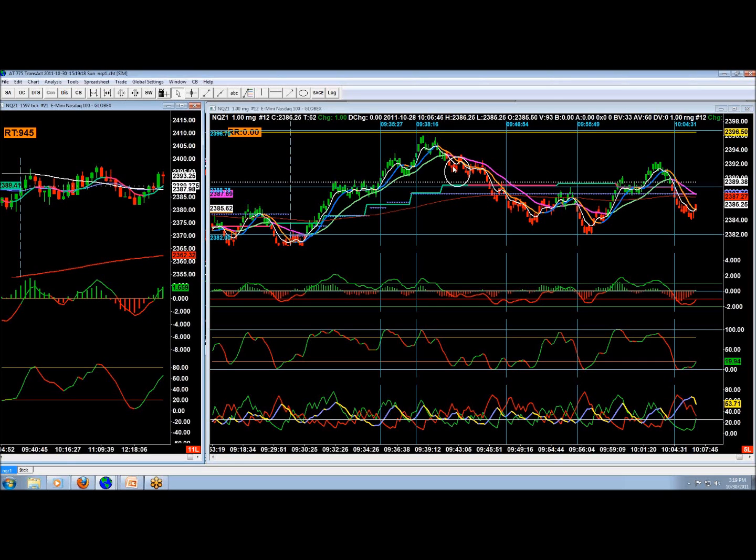Now reversal trades are done after a large move in one direction or the other, and after price has moved away from the 9 weighted on the higher time frame. So this stair step looking line is the 9 weighted from the 1597 tick chart of the NQ.